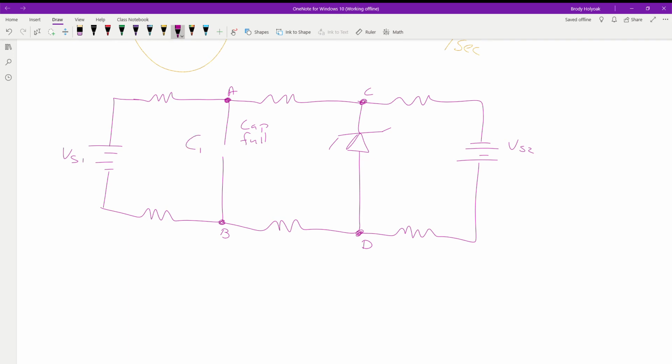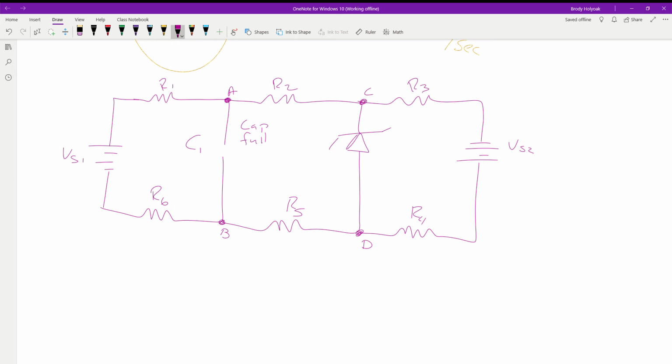So now R1 and R2 are in series. But there's still going to be a voltage drop here, and it is important to what this capacitor will charge to.